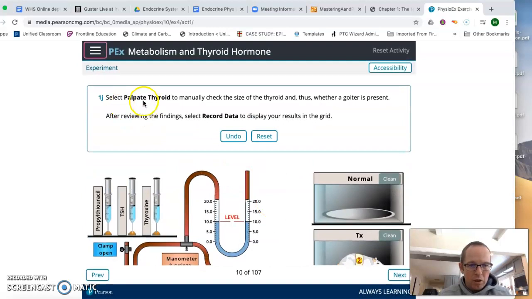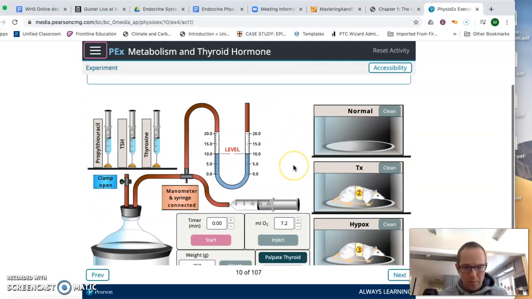And the last thing we're going to do is to palpate the thyroid. This is actually something that they do for my thyroid when I go in for my yearly exam. They want to manually check the size of the thyroid just by touching it, just by feeling around the neck where the thyroid would be located to make sure that there's no enlargement or that there's no goiter present. We'll get back to what a goiter means in a little bit.